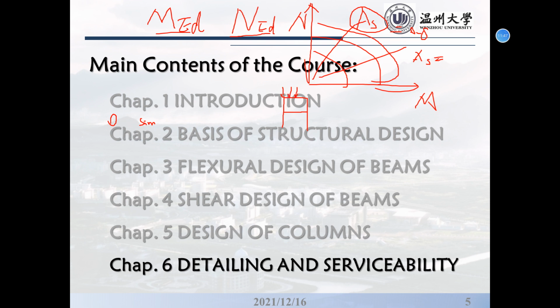After we simplify the whole structure, and know how much load is applied to the structures, what we can get is that we calculate the internal forces of the structure, like moment, axial force, and shear force, right?